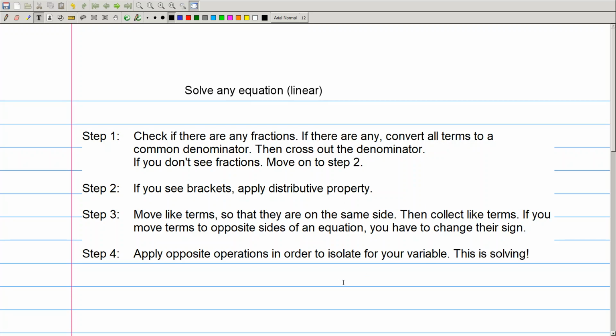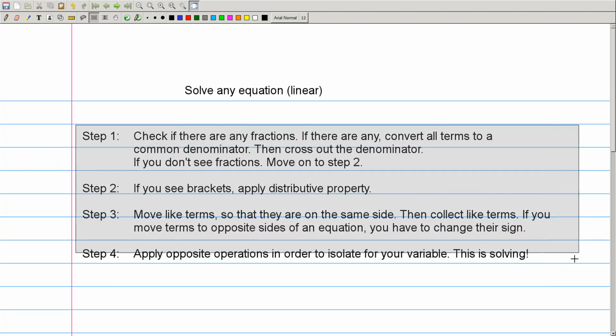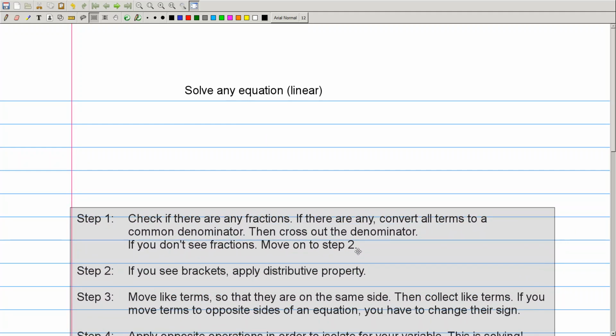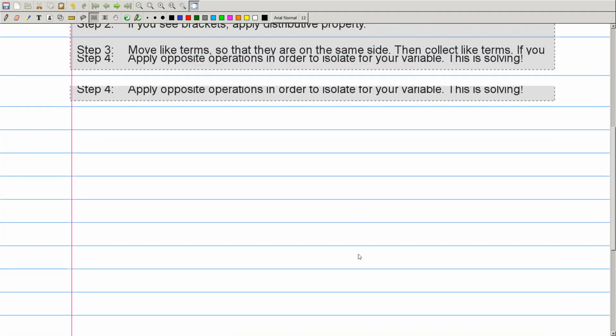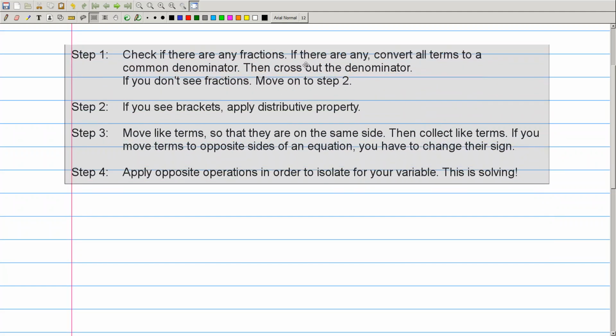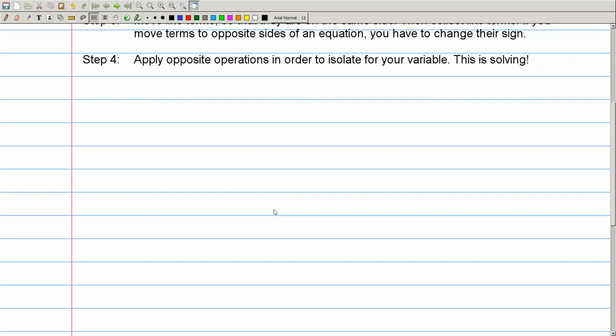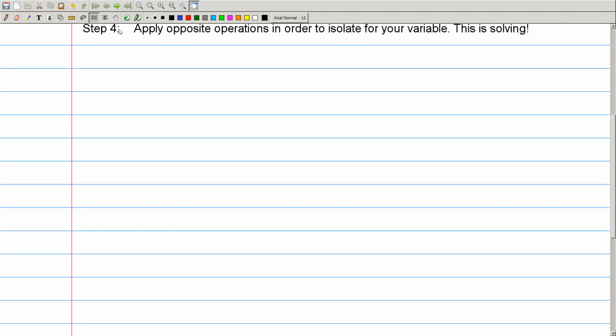Okay, so as soon as you get, let's say, x equal to a number, you've essentially solved for your variable. And that's the whole point. You're solving the equation. Okay, so that is incredibly important. So what we're going to do is, I'm going to line this up here. Okay, and I'm going to do some examples with you.